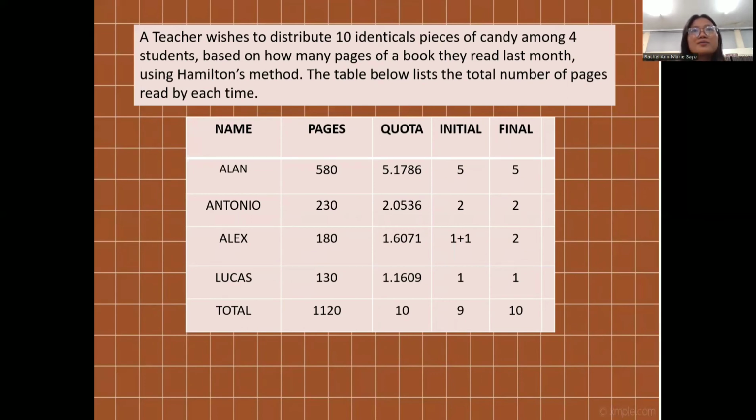For the quota, we have Alan 1.7857, Antonio 2.0536, Alex 1.6071, and Lucas 1.1609, making it 10 in total. This is the result of the apportionment using Hamilton's method, just like earlier.